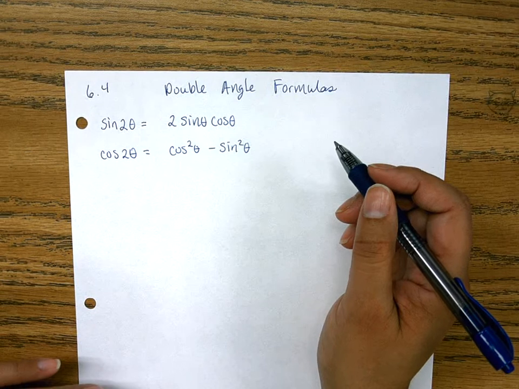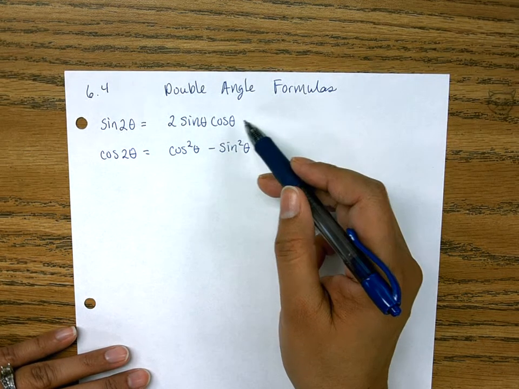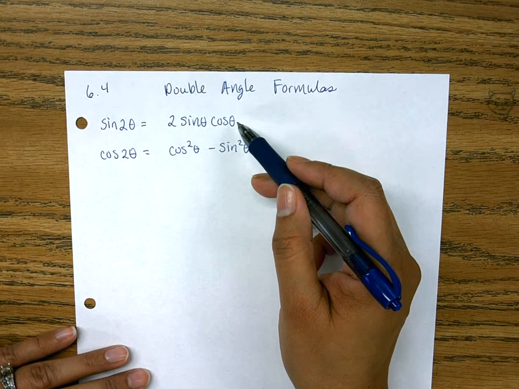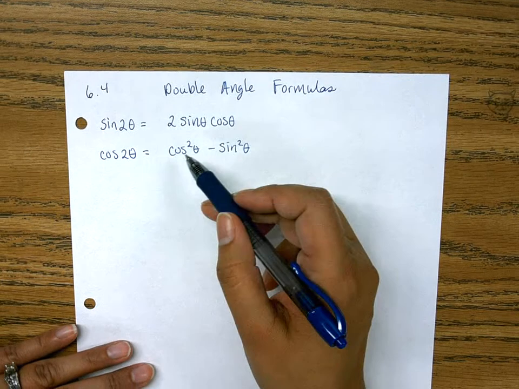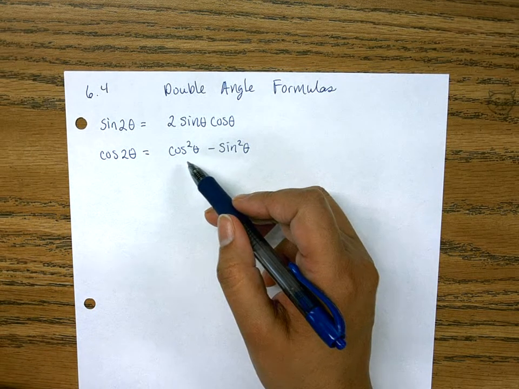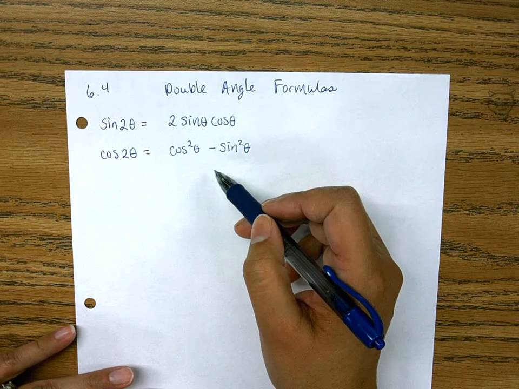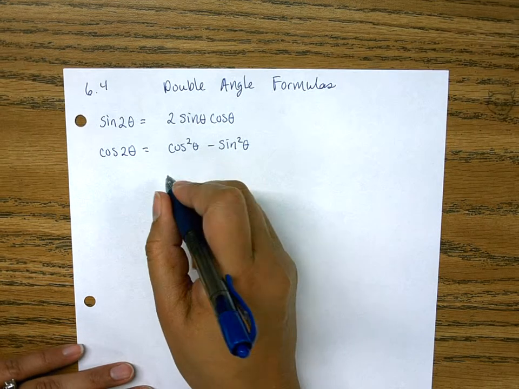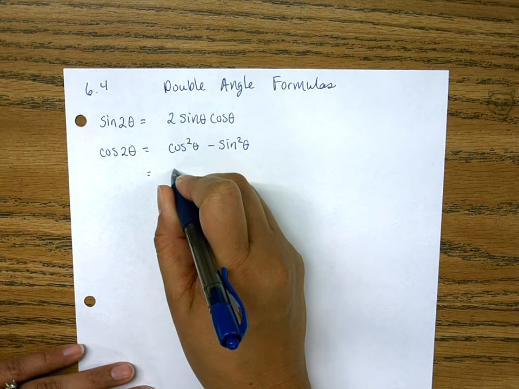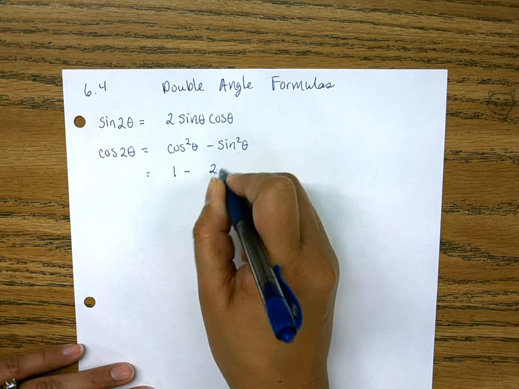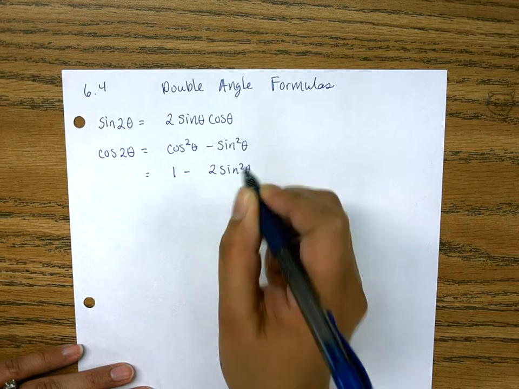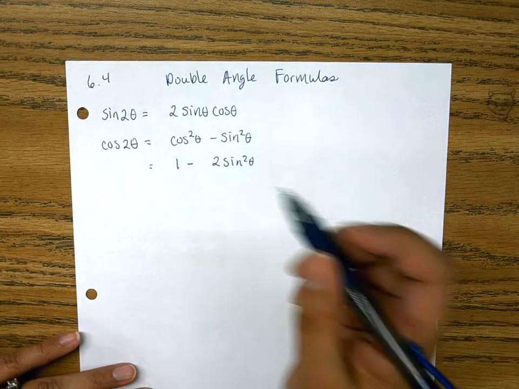Okay, now because of our Pythagorean identities, we can rewrite these. The first one has no squared, so sine is sine and cosine is cosine. But we have our identities for sine squared and cosine squared that we can rewrite them. So I'm going to give you other possibilities that you will need to know. 1 minus 2 sine squared theta.